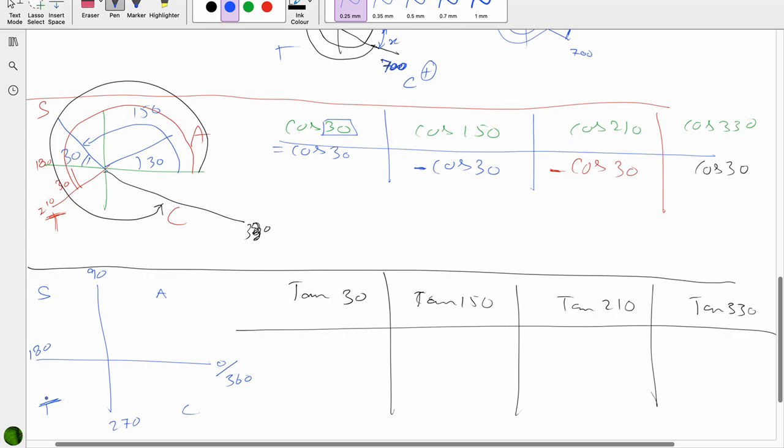Where would 30 land? In which quadrant? First, second, third, fourth. Which quadrant would a 30 degree angle lie in?